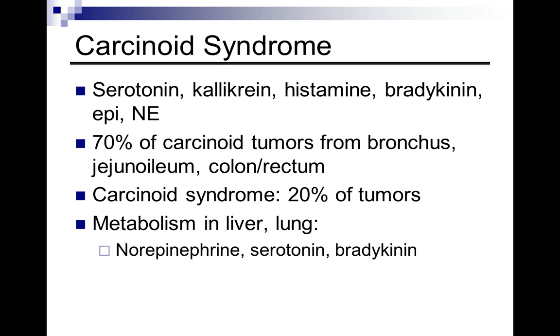Carcinoid syndrome is often used as a catch-all term for a number of different vasoactive substances that can be secreted in the body. These include serotonin, kallikrein, histamine, bradykinin, epinephrine, norepinephrine. And most carcinoid tumors are secreted either from the bronchus or from the GI tract, either in the jejunum, ileum, or the colon or the rectum.